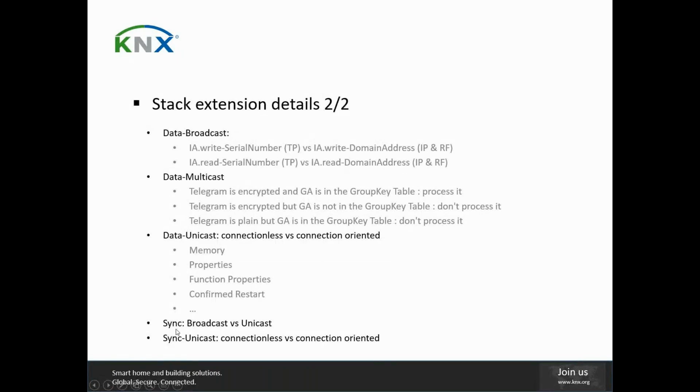Then still about synchronization. So as said before, we need to distinguish broadcast from unicast. Also there we see specific use cases, so it needs to be implemented accordingly. And within the unicast subcategory, also there we need to distinguish connectionless from connection-oriented subcategories again.